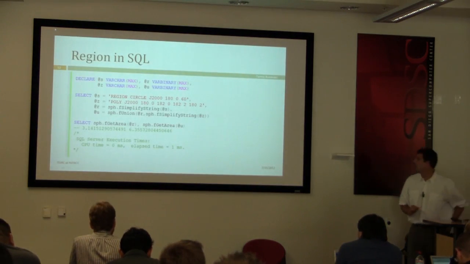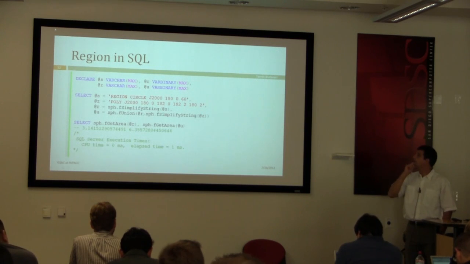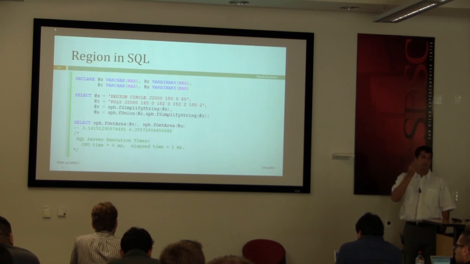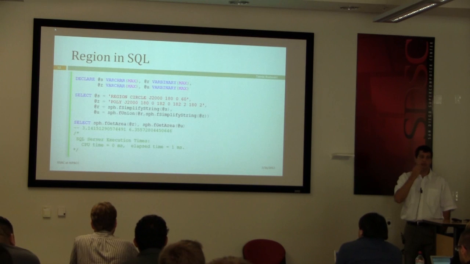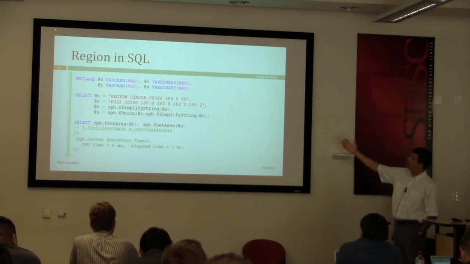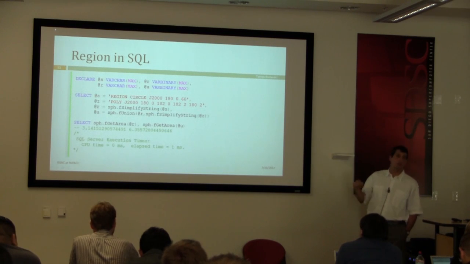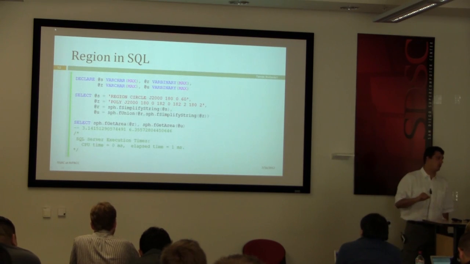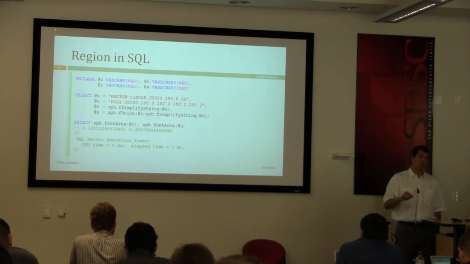So how does this look in SQL? Very much like the 3D. In fact, this was written earlier with previous technology. So here you get to see the row SQL type, which is varbinary. It's not a user-defined type.